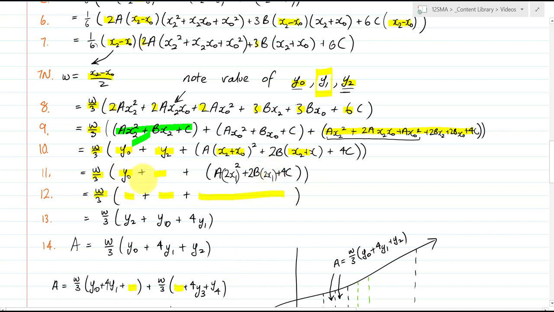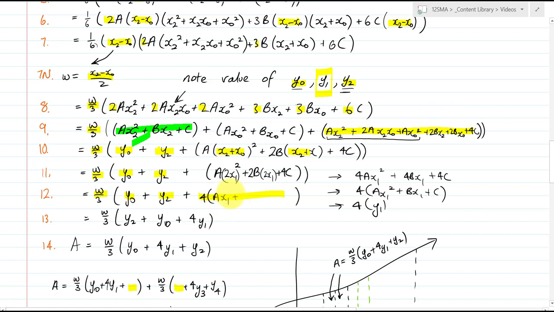And so I've got y0, y2, and here you'll note that 2x1 becomes 4ax1 squared plus 4bx1 plus 4c, which becomes 4 times ax1 squared plus bx1 plus c, and that becomes 4y1.